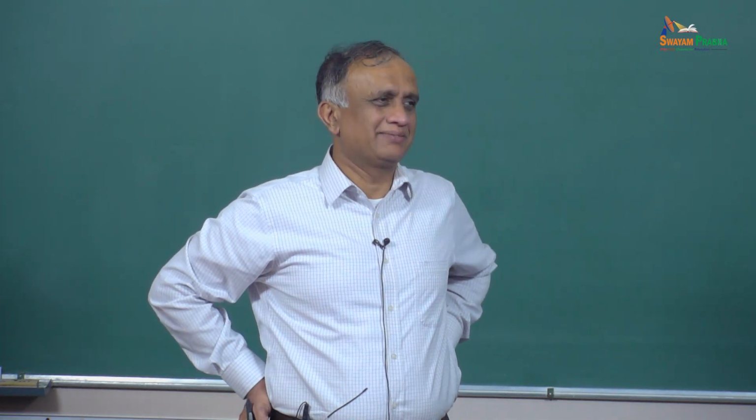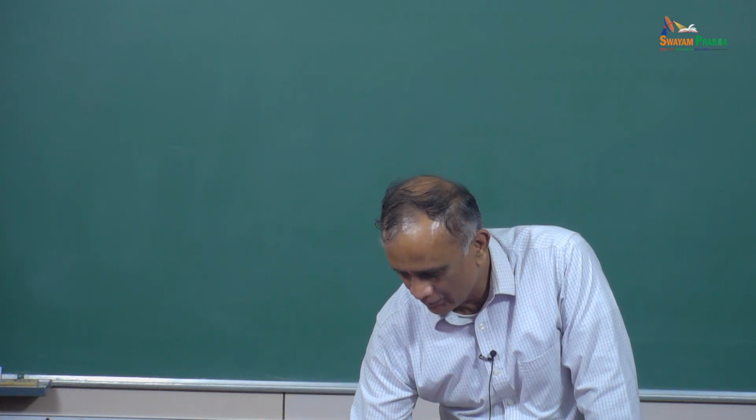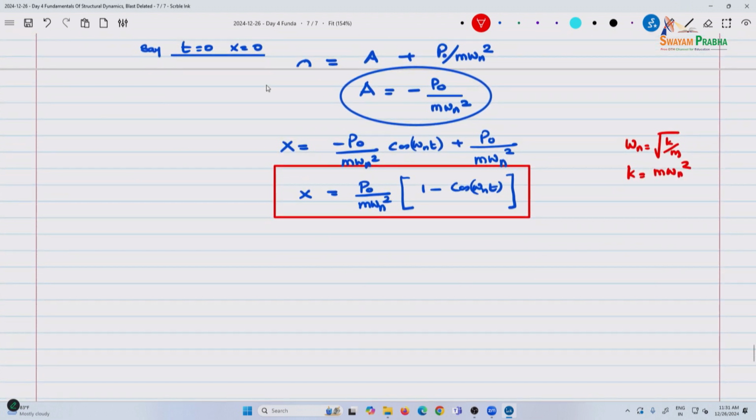Static deflection, right? So the first term, very good. Omega n square is k by m, so k is equal to m omega n square. So the first term here is p over k, which is delta static.